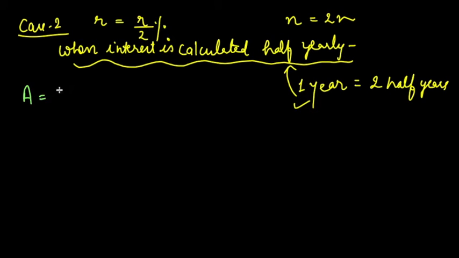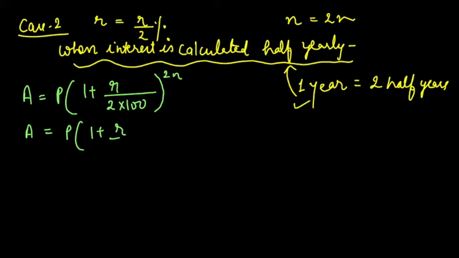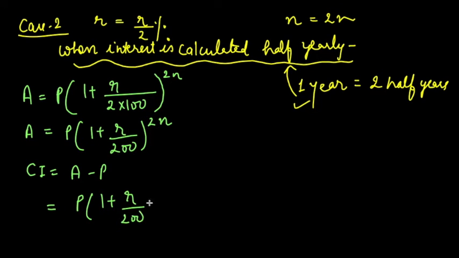Amount will be principal into 1 plus r upon 2 into 100, because the rate r by 2 has changed, and 2n, which can be written as amount is equal to principal into 1 plus r upon 200 raised to the power 2n, right? Similarly, again, compound interest will be amount minus principal. Let's place the values. P into 1 plus r upon 200 raised to the power 2n minus P.